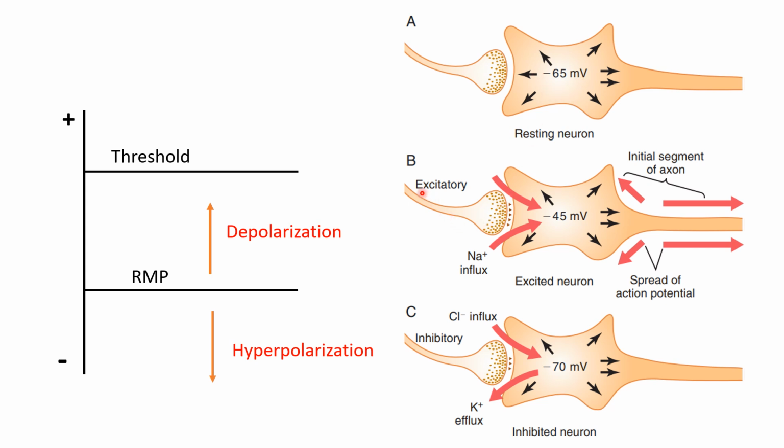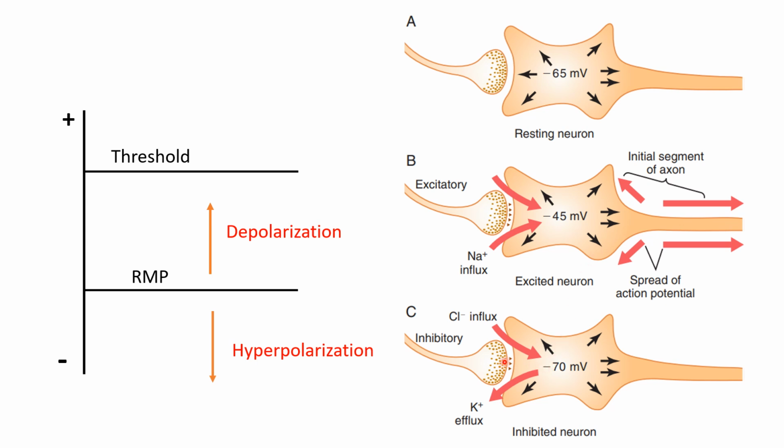Here comes an excitatory signal, which results in influx of sodium ions. So more positive inside, a less negative number. It's minus 45 compared to minus 65. If it reaches threshold, then there will be activation and spread of action potential.